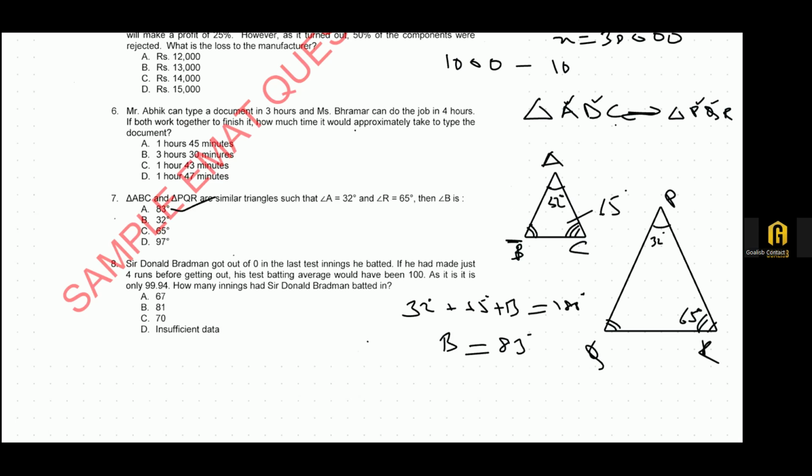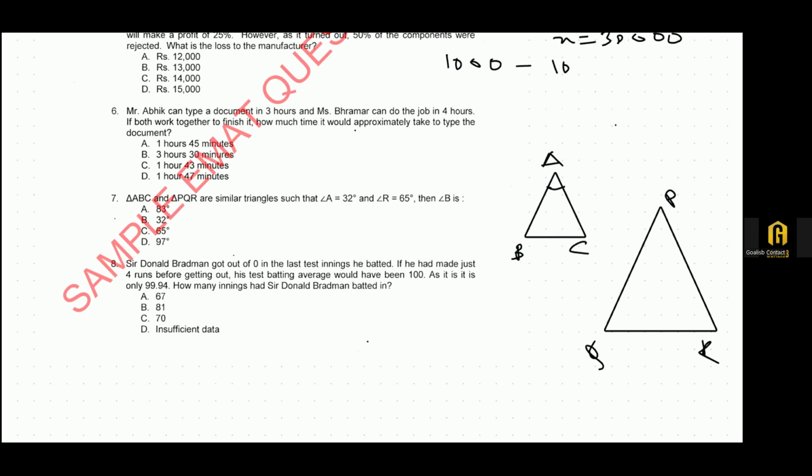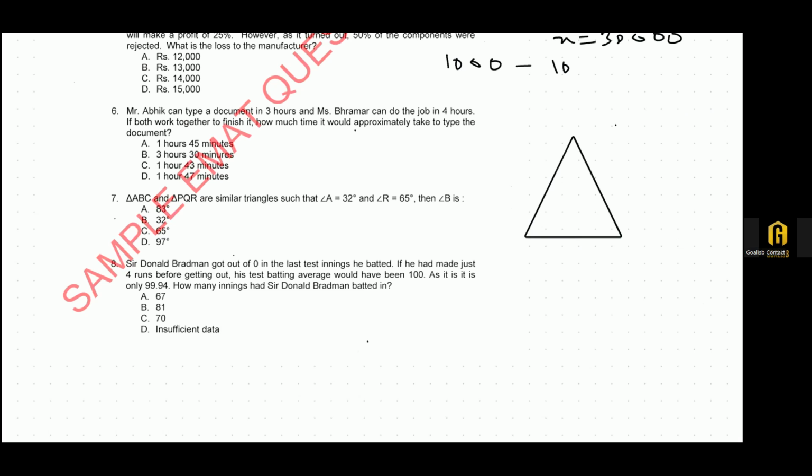It says Donald Bradman got out of 0 in the last innings he batted.